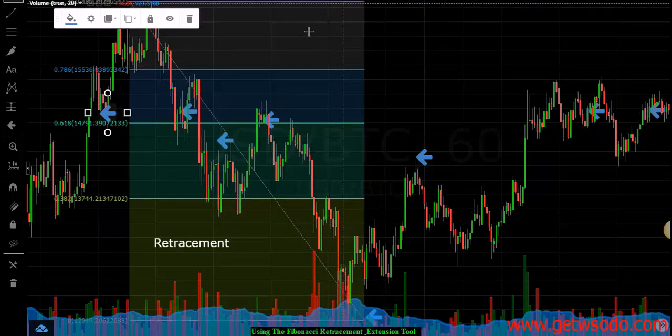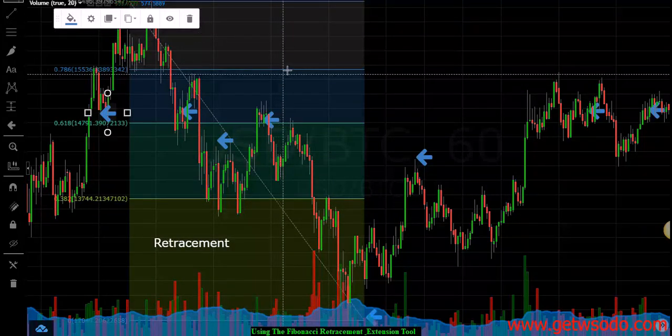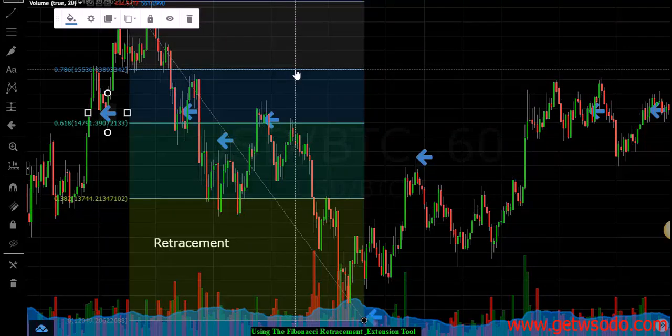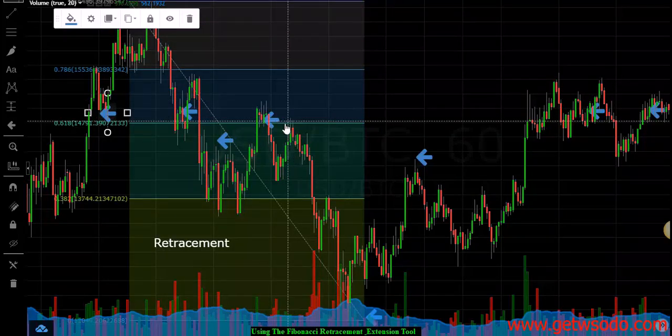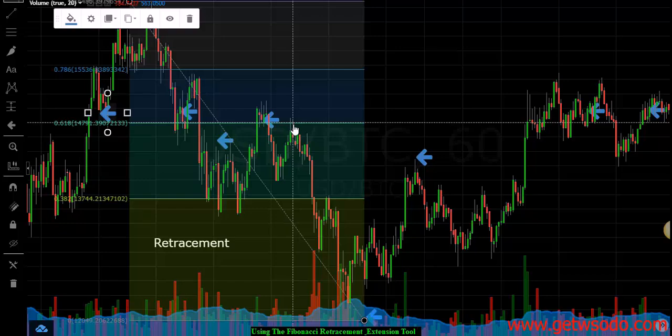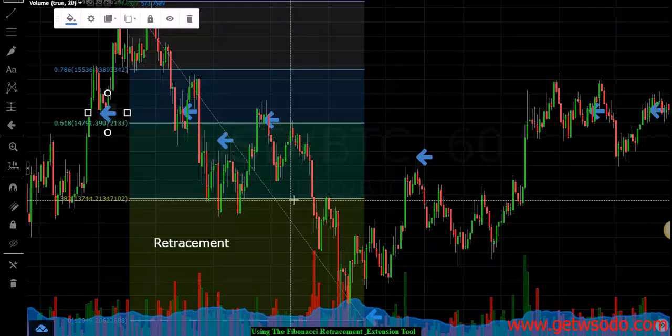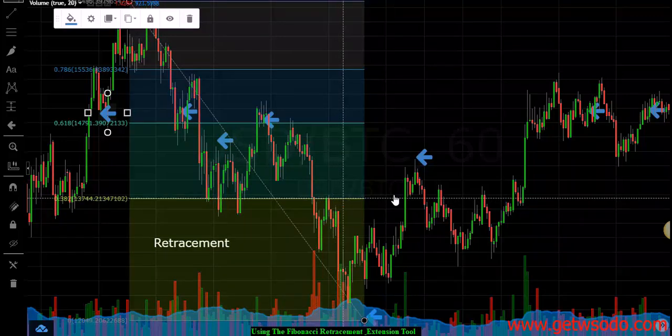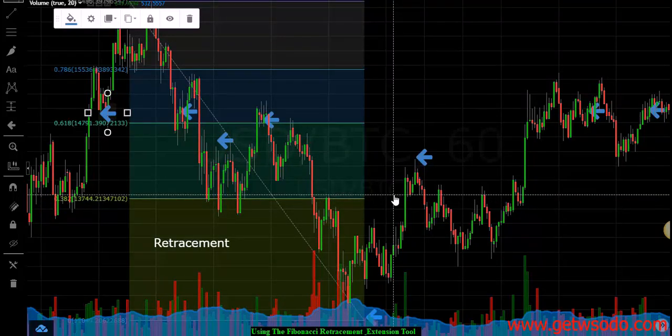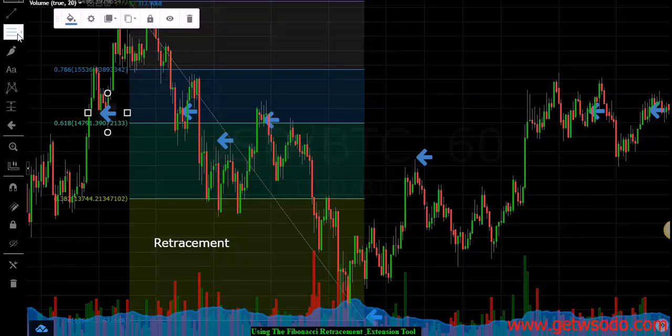In order for it to recover 78.6%, it would have to reach this level right here. In order for it to recover 61.8%, it would have to reach this level right here. In order for it to recover 38.2%, it would have to reach this level right in here, is basically what that means, all right? So let's use our Fibonacci extension tool now.